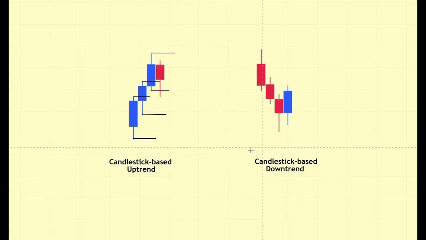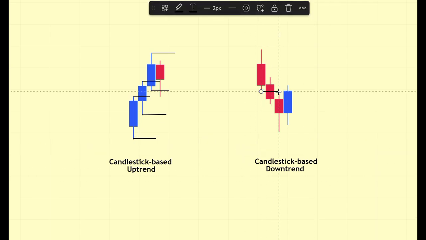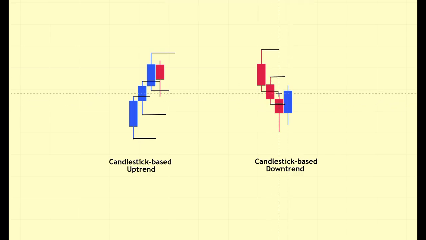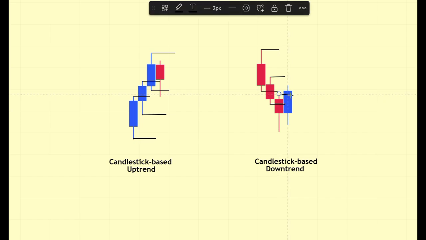And the opposite is true in a candlestick based downtrend, where price breaks past the low of the previous bearish candle while protecting its high. The downtrend continues until price breaks past the high of this bearish candle before the low.